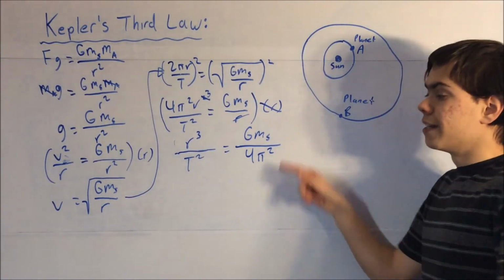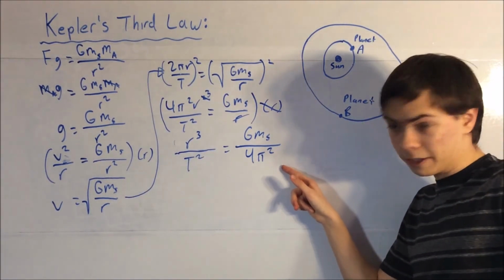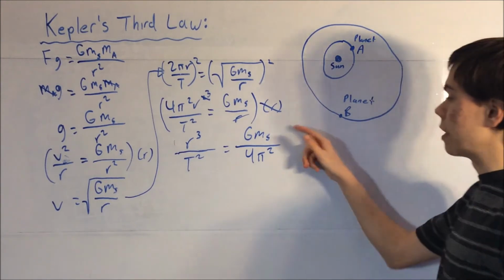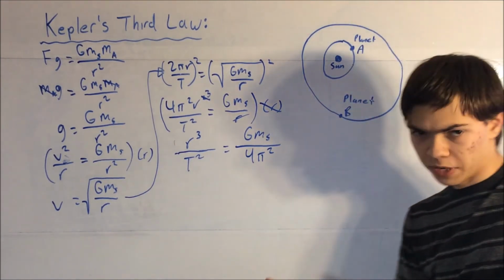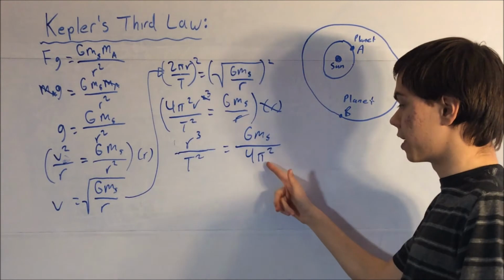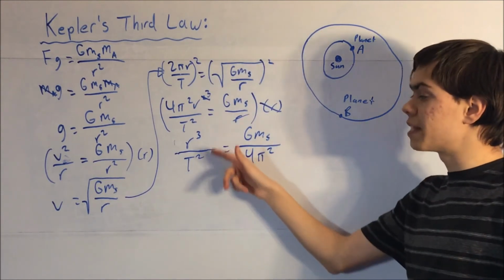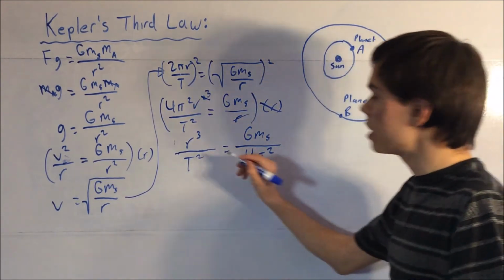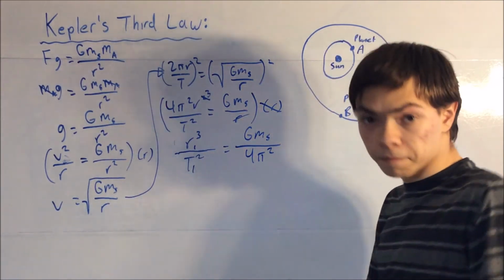Now here's the thing. Isn't this a constant value? It won't change. The mass of the sun won't change, reasonably speaking. G is a constant, and this is constant. So this is equal to a constant. So we can say this is true for one planet.